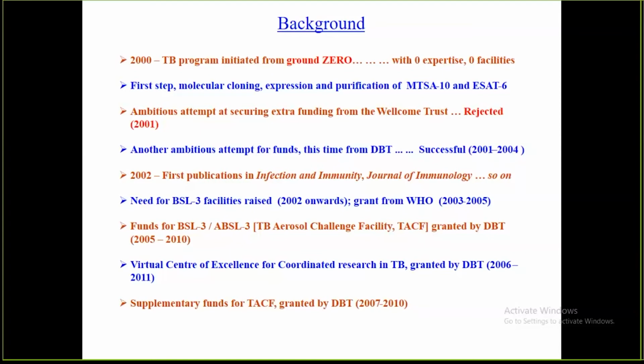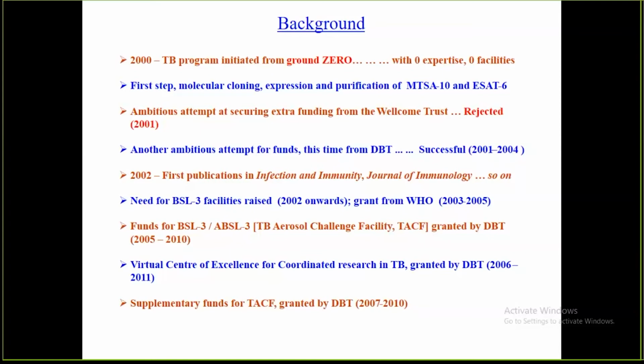It was much later on that I realized that this is a very well-known protein called CFP10, culture filtrate protein 10, 10 kilodalton, of Mycobacterium tuberculosis. If I had searched PubMed at that time, maybe 2,000 papers would come out if I searched CFP10. But for MTSA10, just one paper. So just to give you an idea of where we started.